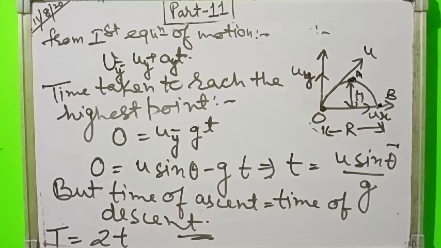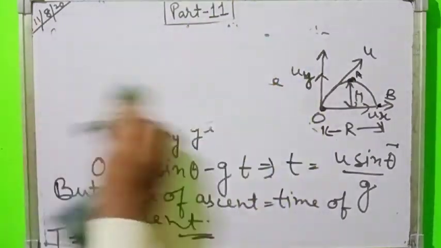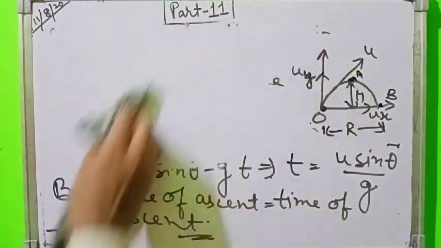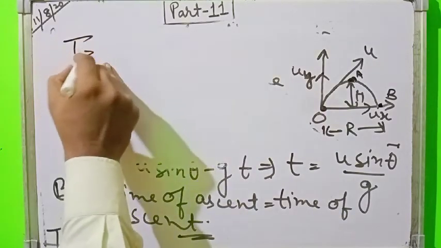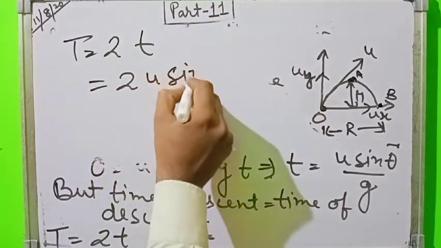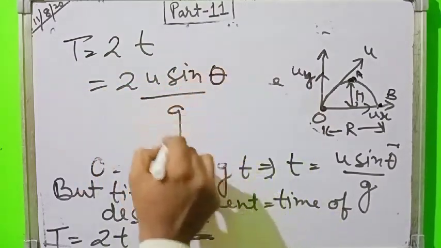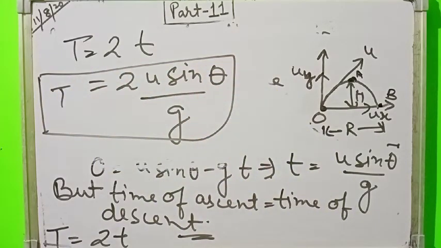That is, capital T is equal to twice t, and from here the total time of flight can be calculated as capital T is equal to twice u sin theta upon g. This is the total time of flight.